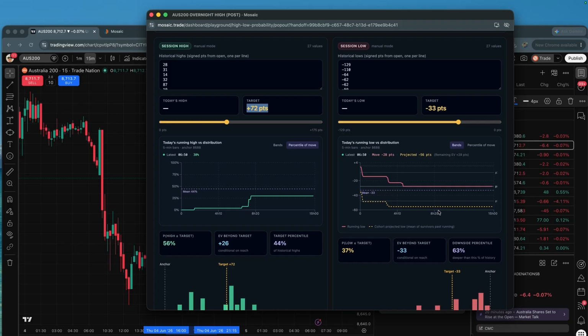And I know people will say, well, the S&P was falling, etc. That's all true. But the great thing about data is it really doesn't care about that. It's not delving into different stories and narratives. It's just showing you that at that point in time, 96% of other days broke higher than the level that they were at.